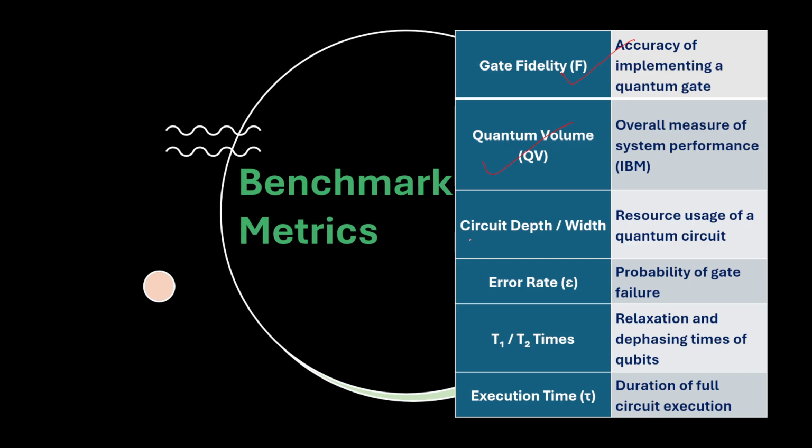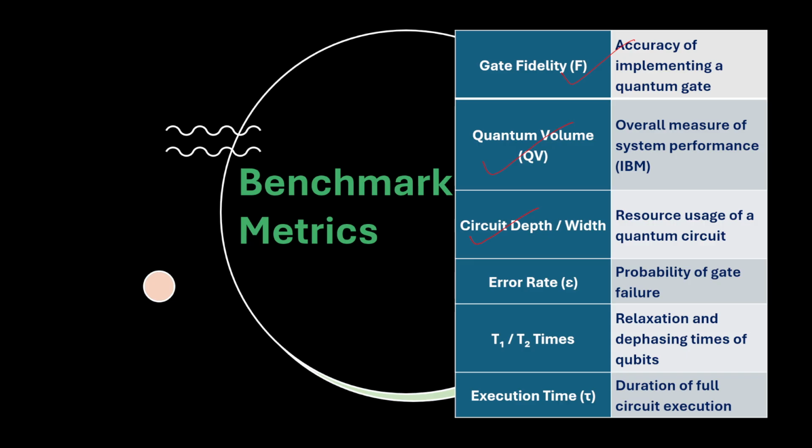And the third parameter is the quantum depth or width. First we are going to discuss what is the depth of a quantum circuit. Depth is the number of sequential gates involved in the quantum circuit, and width is the number of qubits we use in our quantum circuit. It is like a resource of the whole circuit.